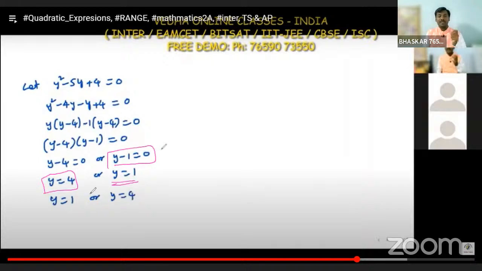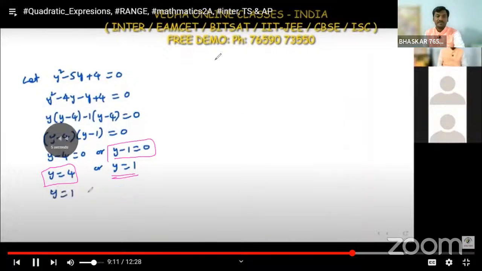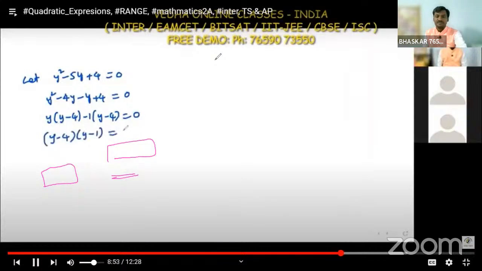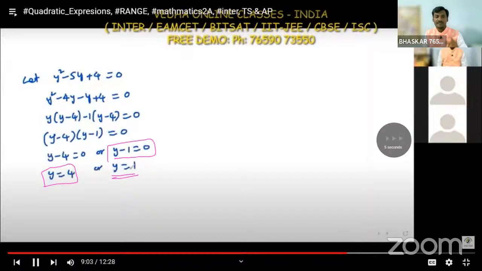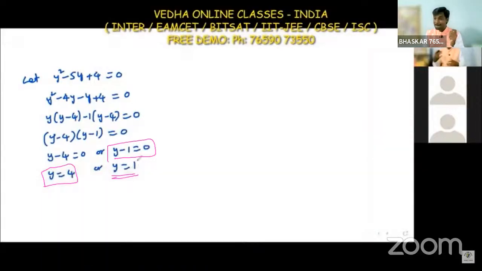Always remember, why we change it like this: I am writing y is equal to 1 or y is equal to 4. It is always better to write the smaller value on the left side and the bigger value on the right side, so that we can apply the condition easily.